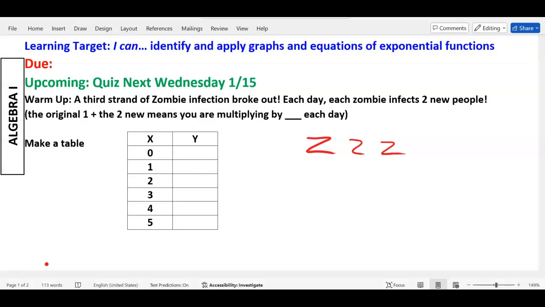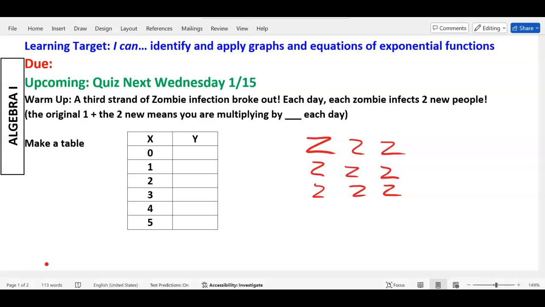Okay, so here's the deal. When I take the original zombie and he infects 2 more, that actually gives me 3 total. Now watch this. The next day comes around, and each of these zombies infects 2 new ones. So watch this. This first zombie still does 2, and the 2 new zombies create 2 new zombies of their own.